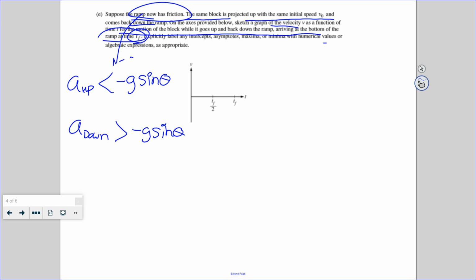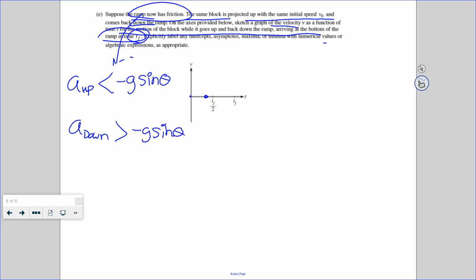Should I really hit the top at tf over 2? I think not. I think it should be before. It should take a longer time to come back down. It should get to a stop really fast and take a longer time. But I definitely should have v equals 0 at tf.